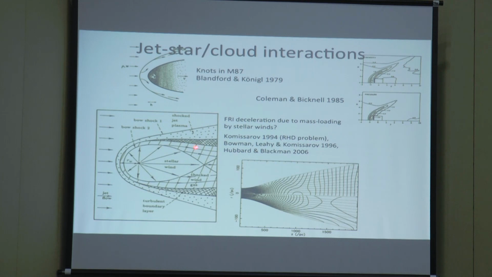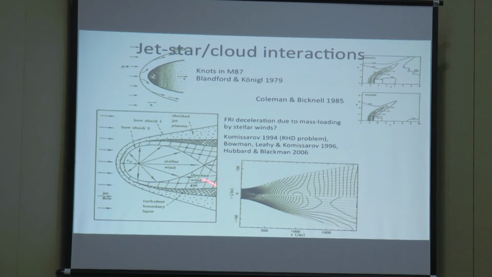But later on, Komissarov took over the idea of the interaction between jets and stars, and he showed that this problem can be treated as a hydrodynamical problem. The scales in which the interaction and the mixing between the jet and the tail formed by the stellar wind take place are large enough to consider this as a fluid problem.